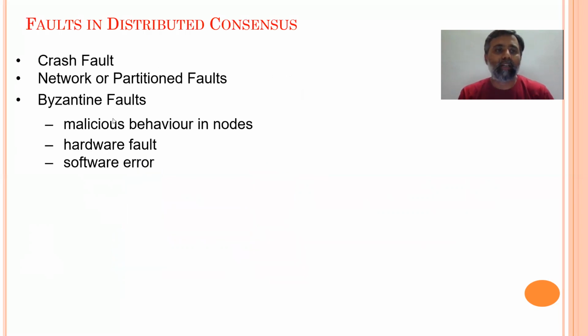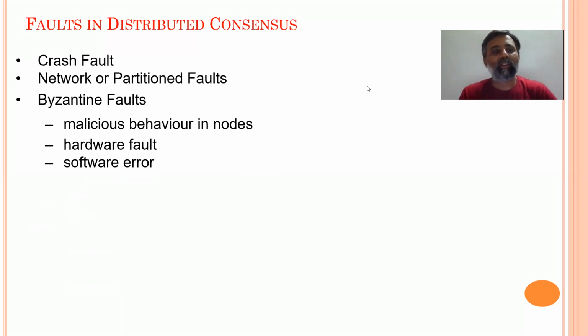There are three types of faults that can occur in distributed consensus. The first one is the crash fault. The system may crash. Second, the network may be partitioned, with some nodes in one group and other nodes in another group, and no connection between those separate groups of nodes.